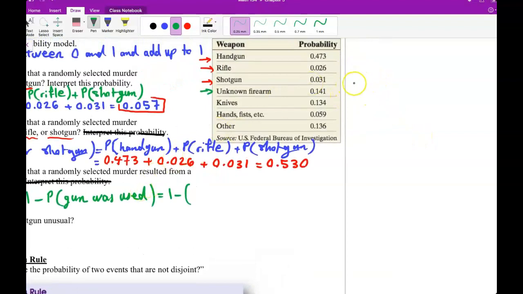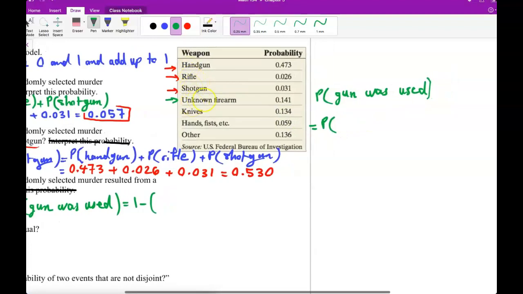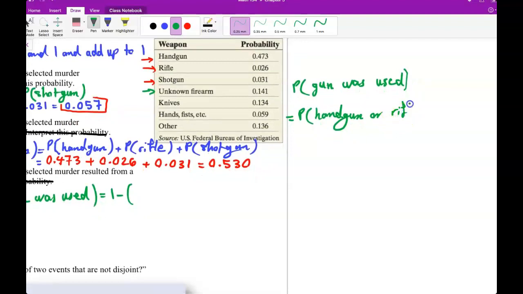Probability of gun was used is the probability of all these: handgun or rifle or or unknown firearm.